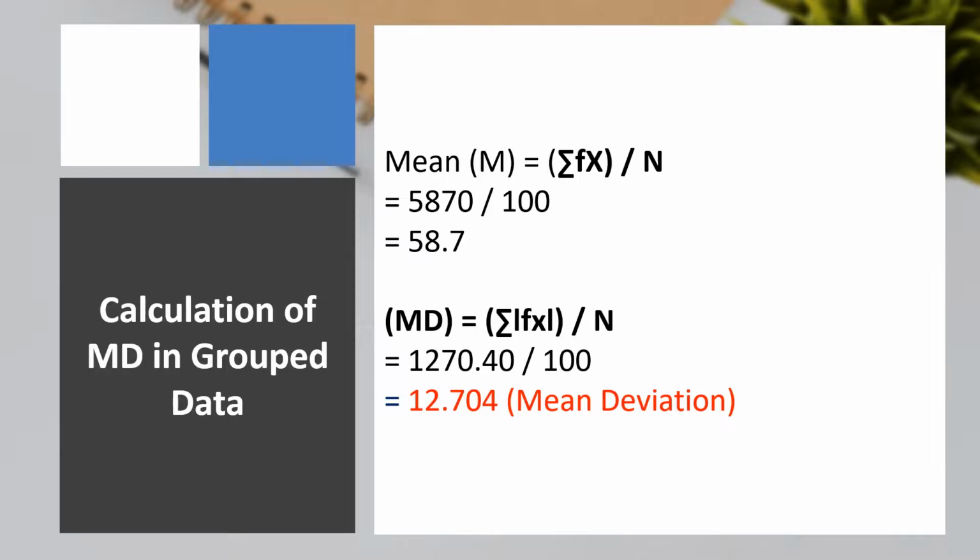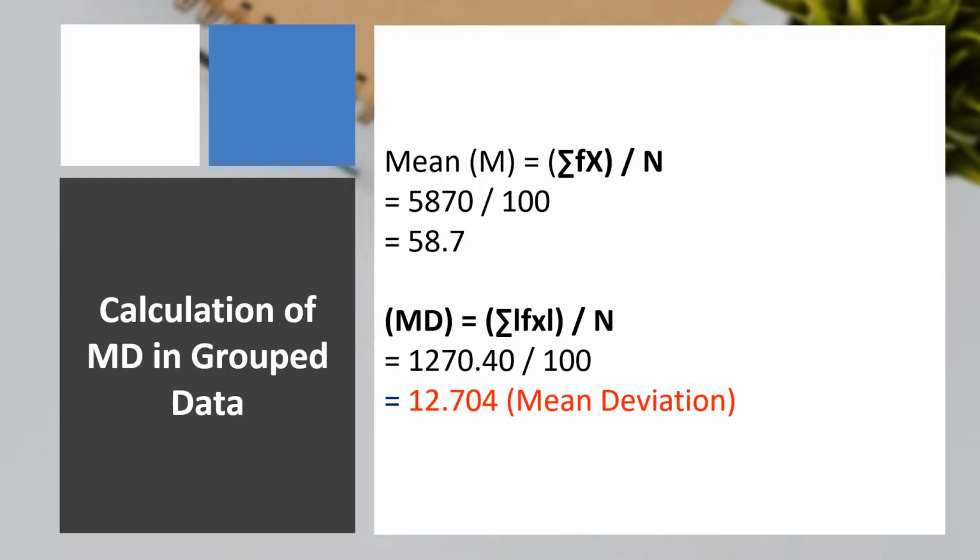Here, further, you have to find the deviation, that is called x. So, x is here x minus M, where x is the midpoint of the distribution and M is the mean score. Already, as we saw in the next slide, we have calculated the mean, that is summation of fx upon n, 5870 by 100, that is 58.7.